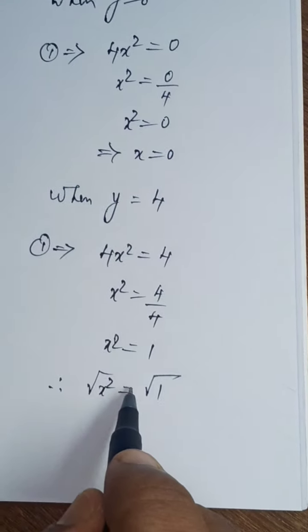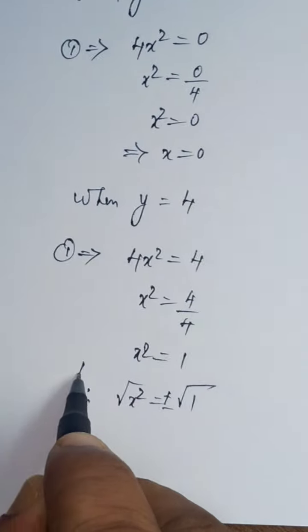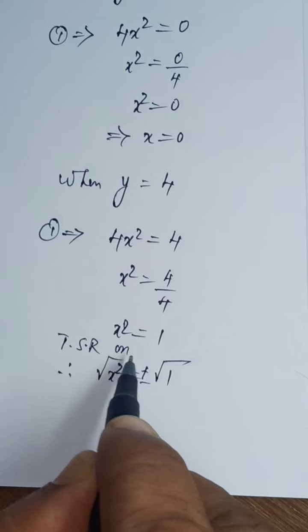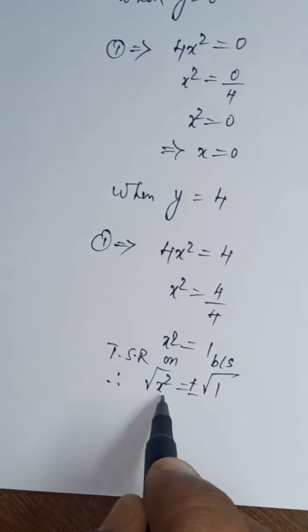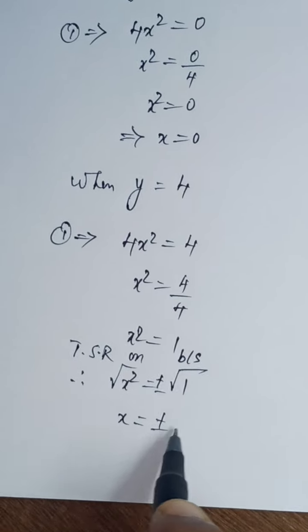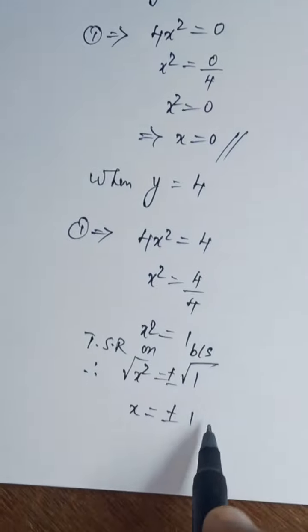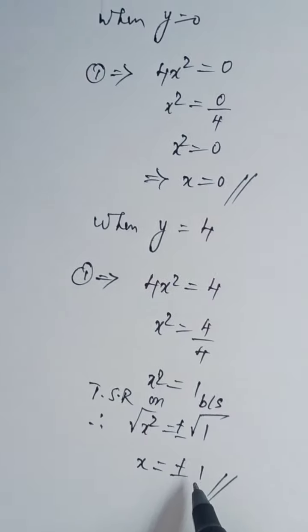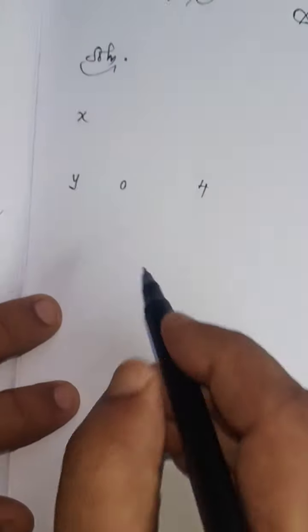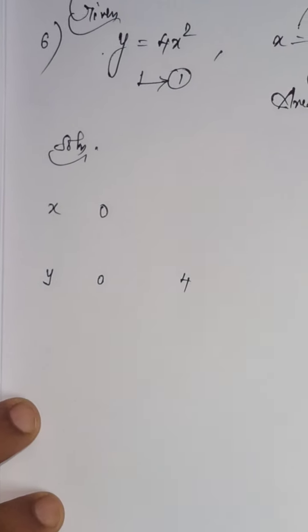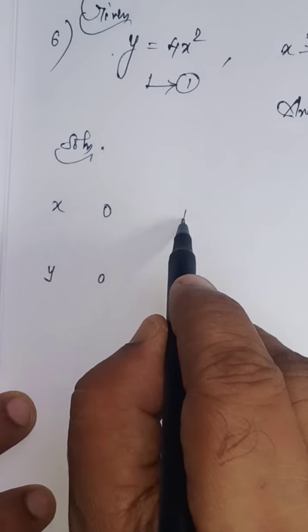Since it is x squared, you have to introduce plus or minus. What is the square root of 1? 1 only. So for y equal to 0 we have x equals 0, and for y equal to 4, x equals plus or minus 1.